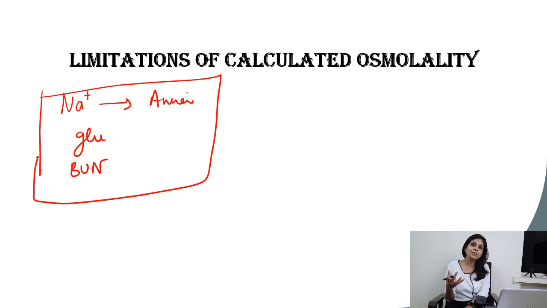In diabetic ketoacidosis, ketone bodies get added to circulation, and these ketone bodies would have caused osmotic movements, but you're going to miss those osmotic movements because the formula for calculating osmolality does not have a provision to include the concentration of ketone bodies, because the formula is very simple: 2 into sodium plus glucose by 18 plus blood urea nitrogen by 2.8.